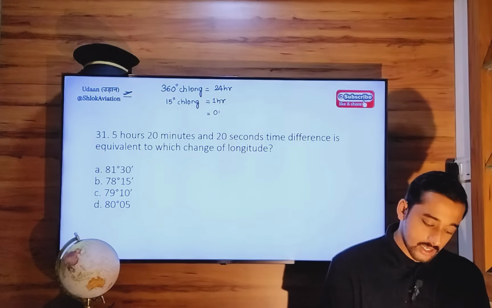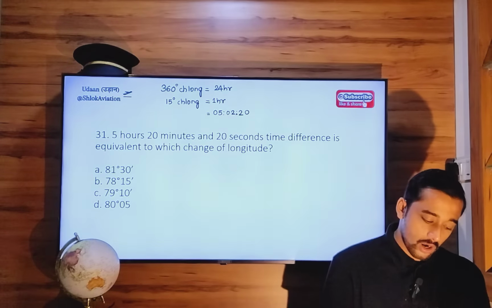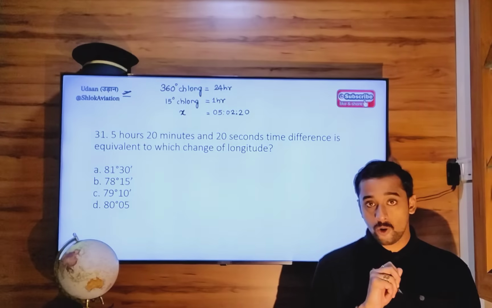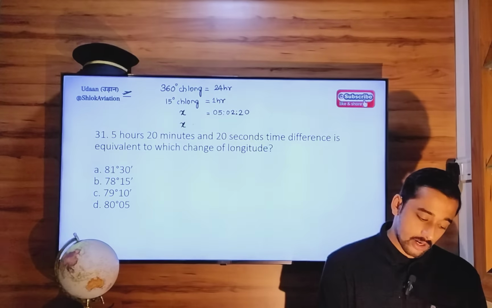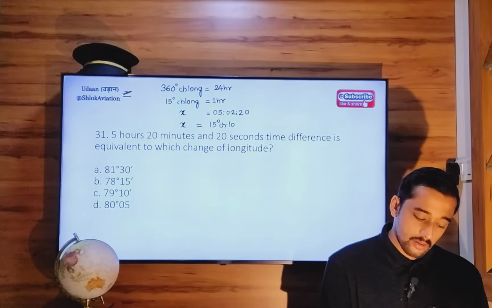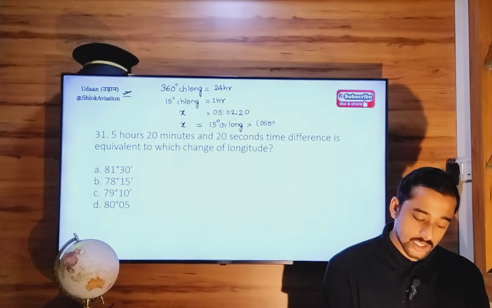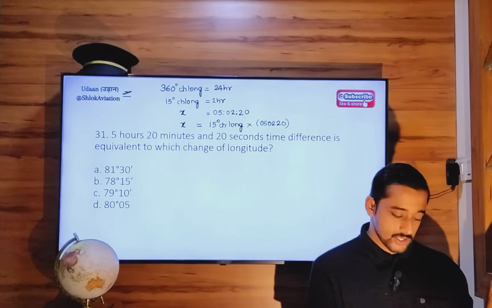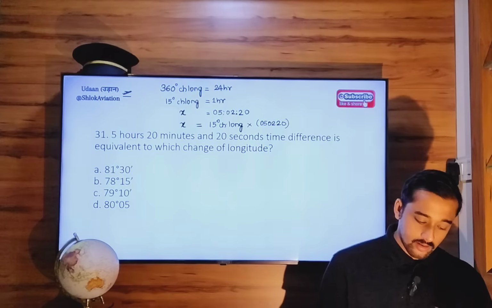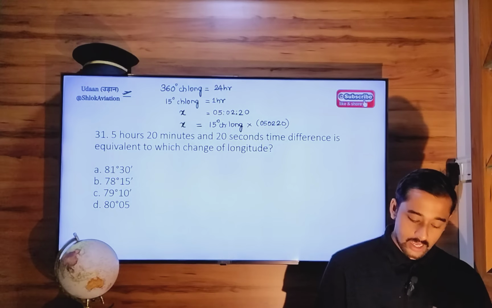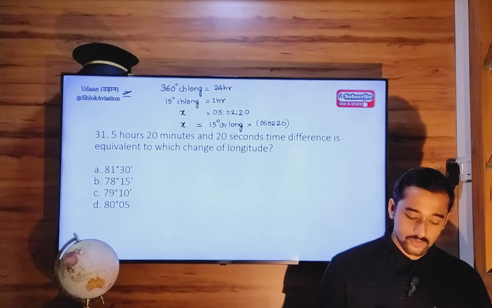5 hours, 20 minutes, 20 seconds will be equal to how much change of longitude? That will be equal to 15-degree change in longitude multiplied by 5 hours, 20 minutes, 20 seconds. So let's multiply 15-degree into 5 hours, 20 minutes, 20 seconds.